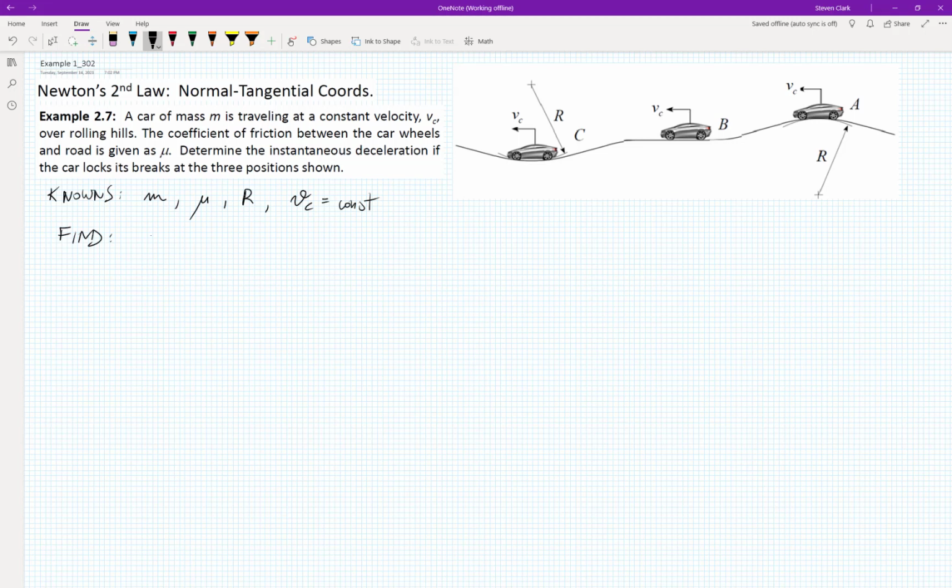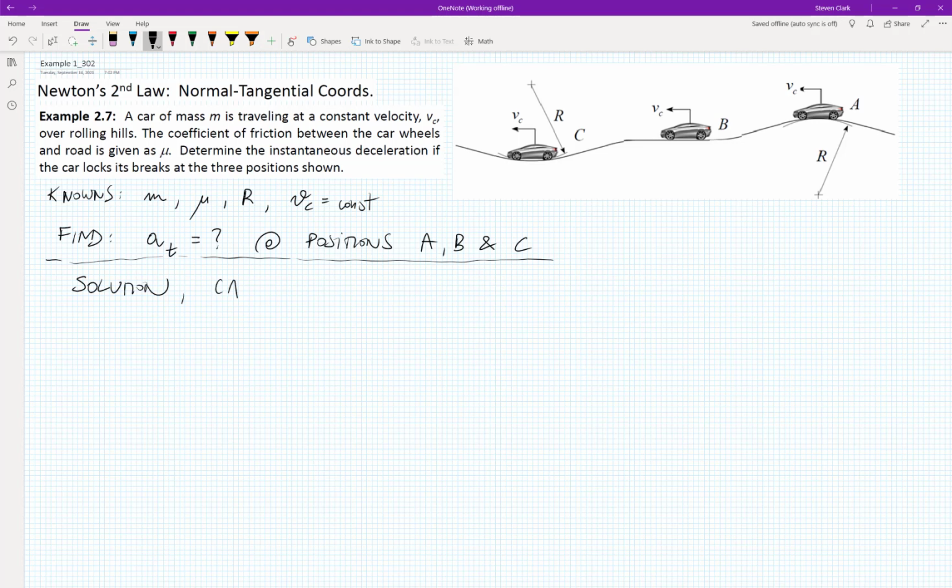So basically they ask us to find a_t, the tangential component of acceleration, at positions A, B, and C. I hope that the problem statement is clear, right? So let's solve, maybe for part A.